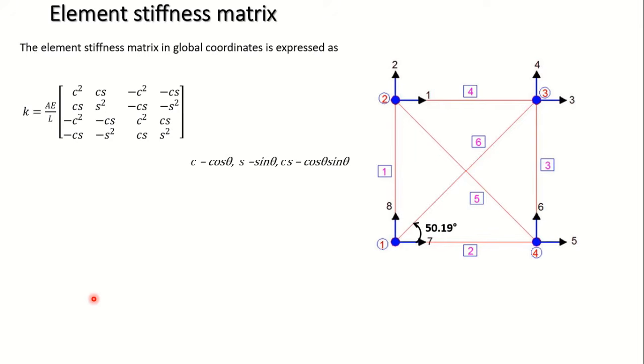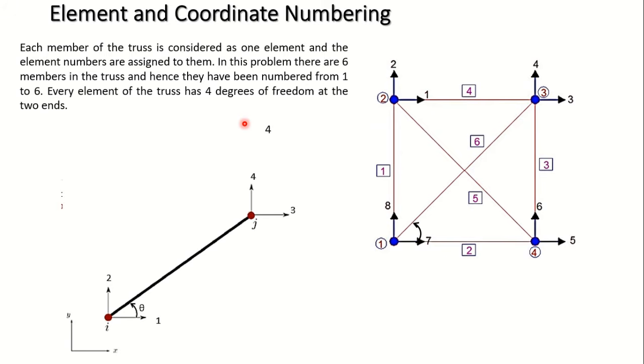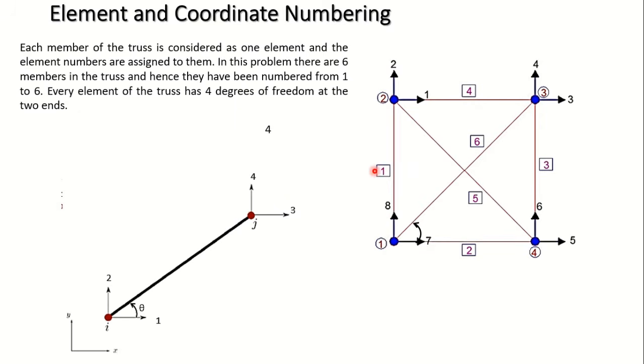So if I take the first member, it is this vertical member, numbered as member number 1. This is AC, so member AC has been numbered as member number 1 or element number 1. Now the coordinates with this member are 1, 2, 7 and 8.